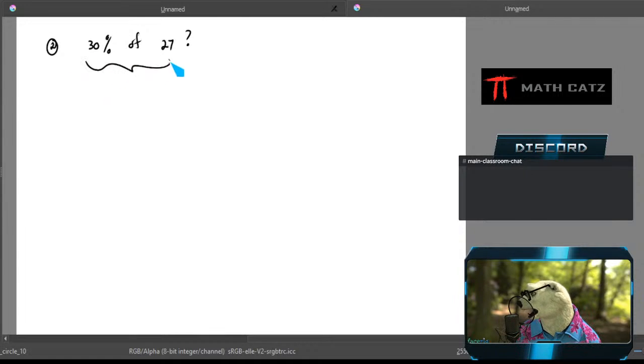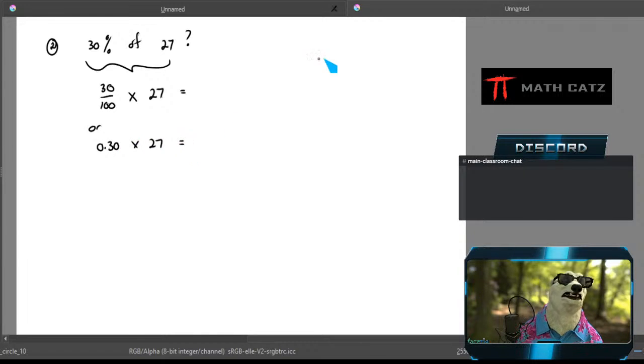So the calculation, in whatever version you want, is 30 over 100 "of" is multiplication, and 27 is my number. Or you can say the decimal version is 0.3, 0.30 if you want, times 27.